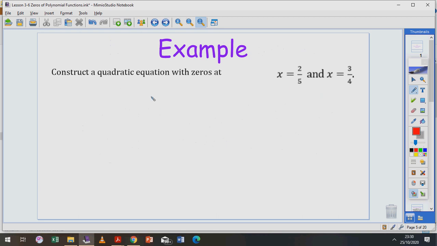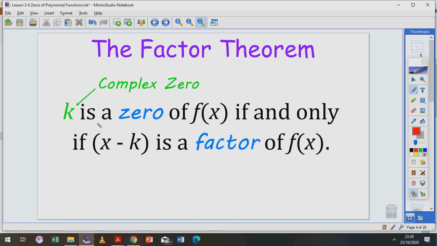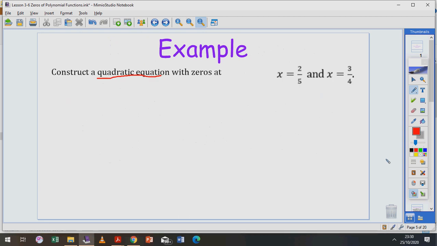Alright, so let's try this example. We're trying to construct a quadratic equation whose zeros are these ones given. Now remember from the previous screen that if k is a zero, then x minus k is a factor. They've given us two zeros, x equals 2/5 and x equals 3/4.